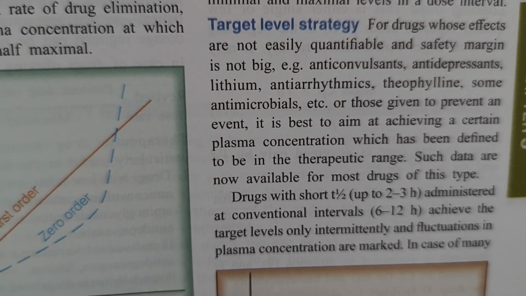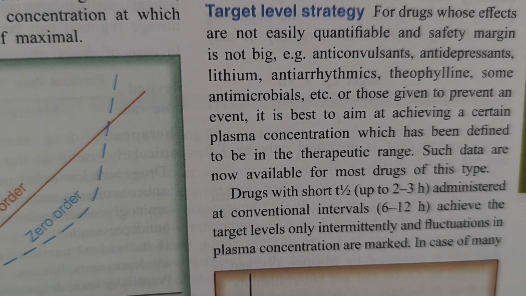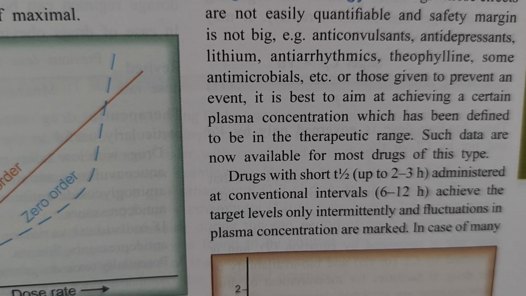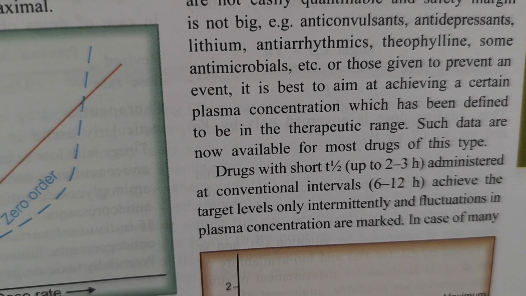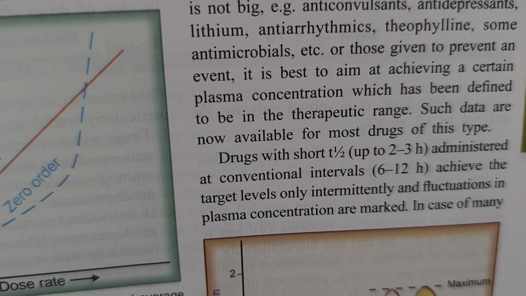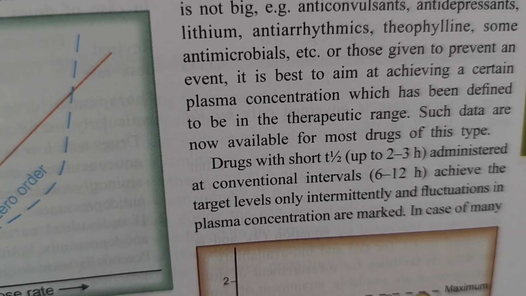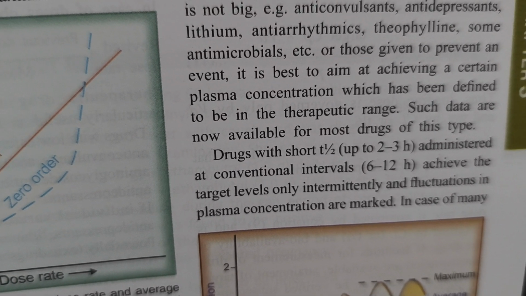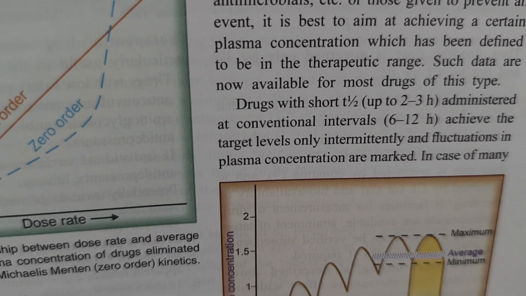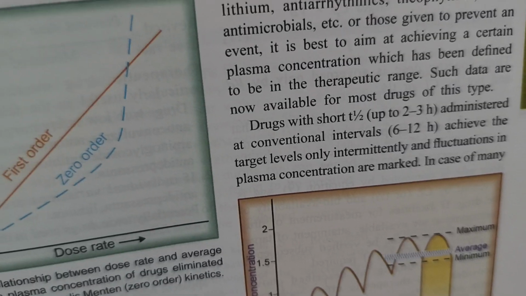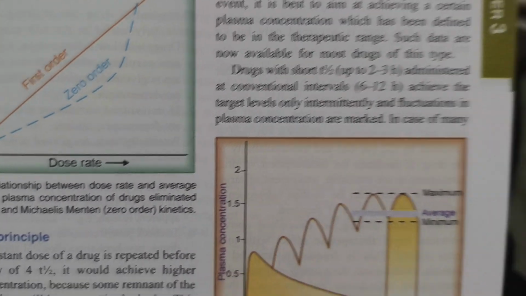Target level strategy. For drugs whose effects are not easily quantifiable and safety margin is not big, for example anticonvulsants, antidepressants, lithium, antiarrhythmics, theophylline, some antimicrobials, etc., and those given to prevent an event, it is best to aim at achieving a certain plasma concentration which has been defined to be in the therapeutic range.